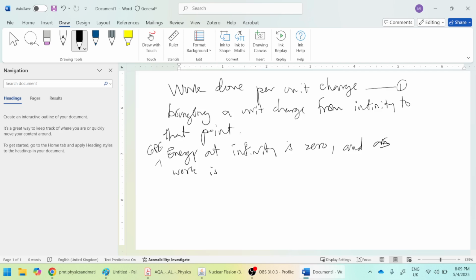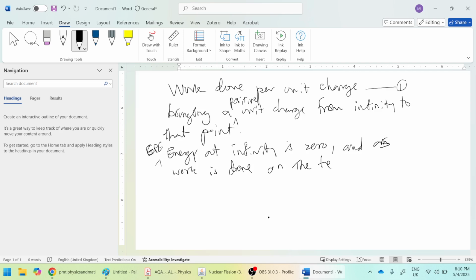Energy at infinity is 0, and as work is done on the... oh my god, why did I say gravitational potential energy? I meant electric potential energy. Okay. Positive unit charge. Work done per unit charge, bringing a unit charge from infinity to that point.